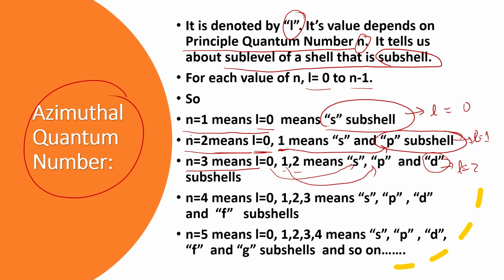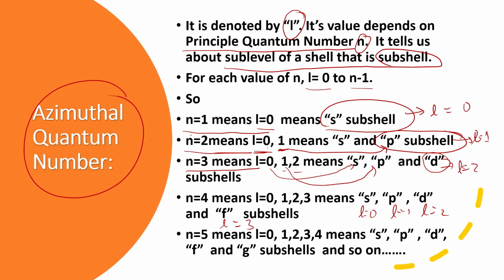So s means l equal to 0, p means l equal to 1, d means l equal to 2 and f means l equal to 3. That means there are 4 subshells s, p, d and f in the 4th energy level. That is why f, the inner transition elements, do not start before the fourth shell; the outermost shell is minimum 4 to start the f block elements.